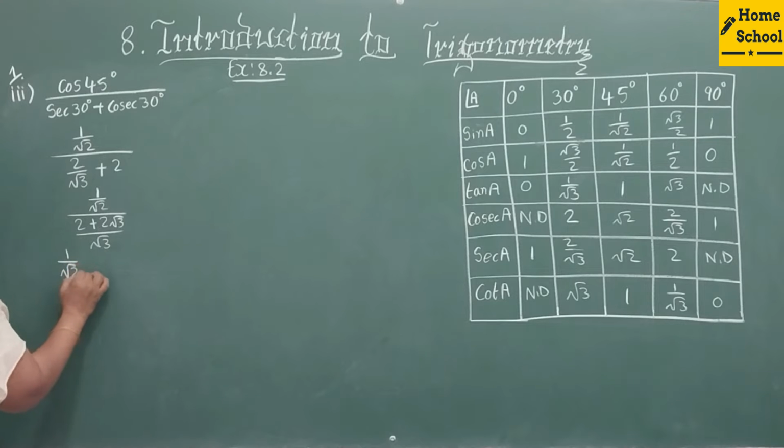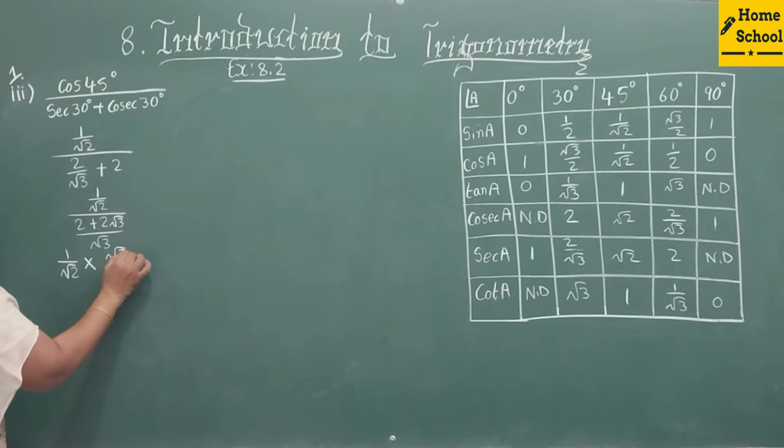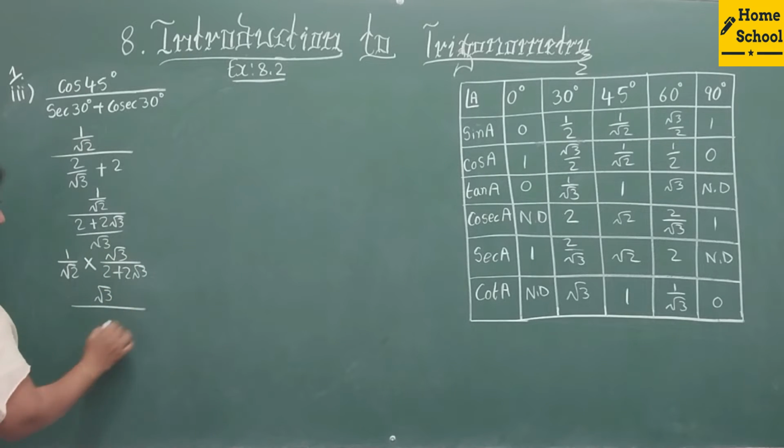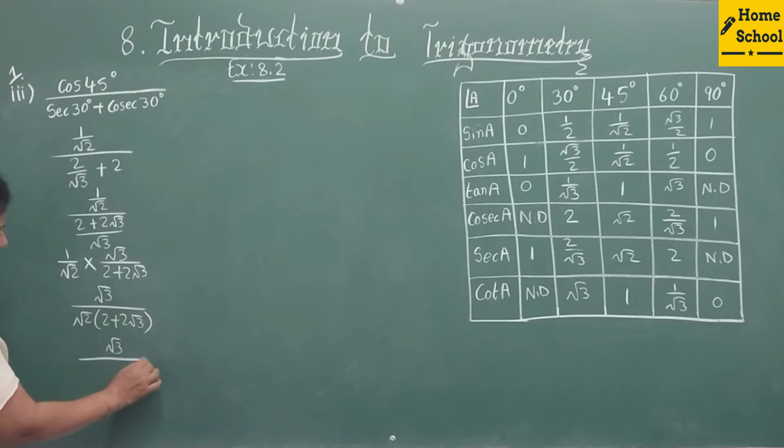1 by root 2 into root 3 by 2 plus 2 root 3. Root 3 into 1 is root 3, by root 2 into 2 plus 2 root 3. Right? Root 3 by 2 into root 2 is 2 root 2, plus 2 into root 2 into root 3.